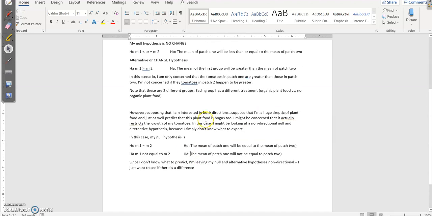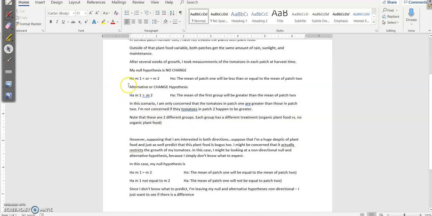What determines whether you're going to use a directional null and alternative hypothesis or a non-directional? It really depends how your research vignette is written. It really depends on what you think is going to happen as a researcher. Both of these give you some data.